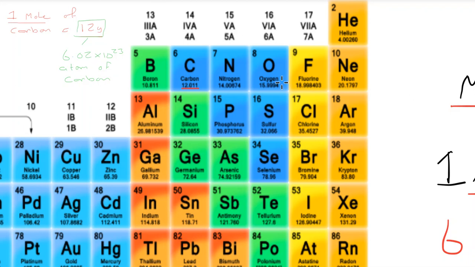So similarly, if we look here on the periodic table at other elements, let's say I wanted a mole of oxygen. Obviously, it's hard to imagine weighing oxygen, it's a gas.